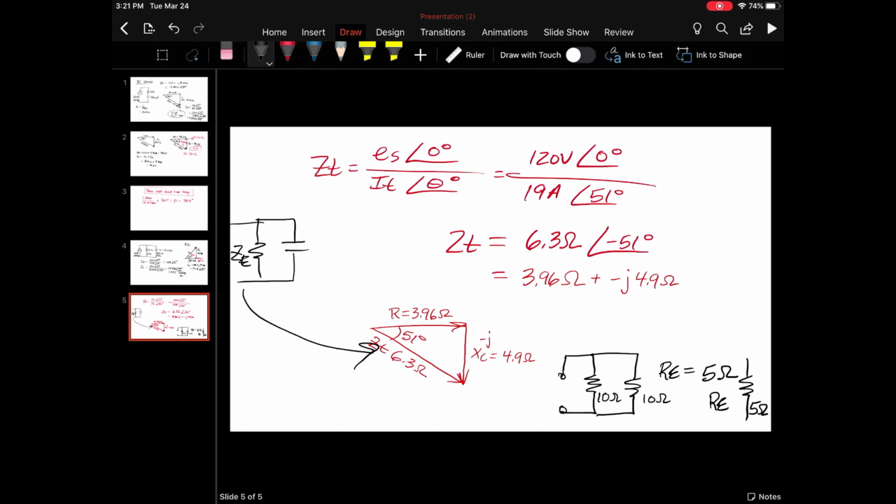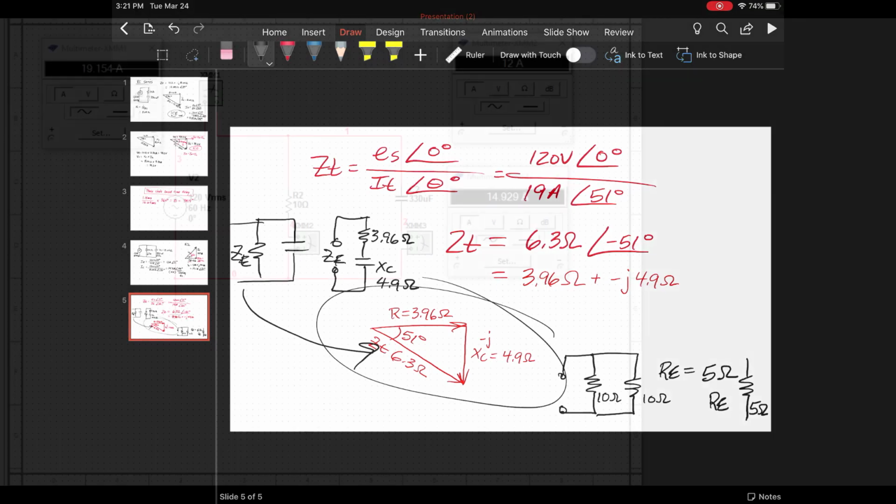Well, that's represented by this impedance triangle, and it's saying its equivalent value as if it was series would be a 3.96 ohm resistor in series with a capacitor that has an XC value of 4.9 ohms. The Z equivalent value is one that's being represented as its series equivalent right here.